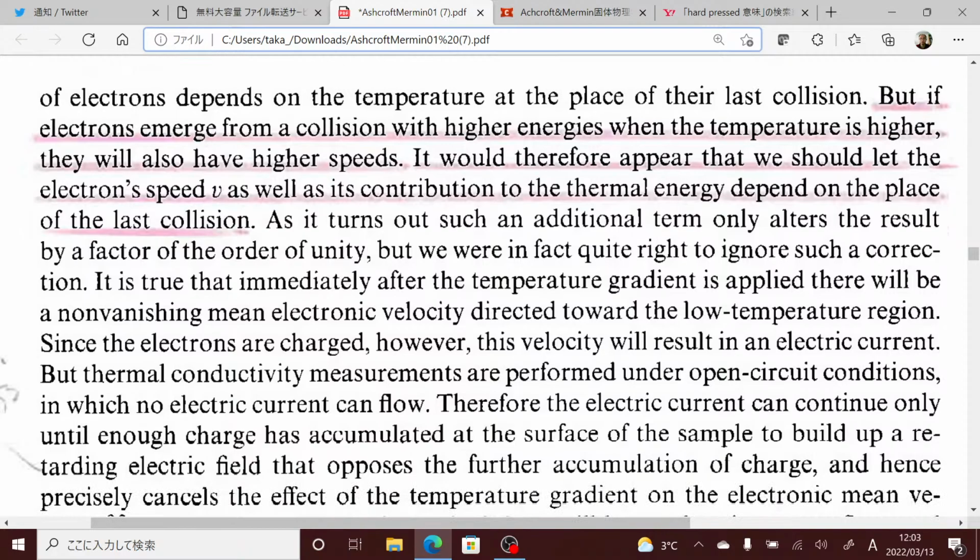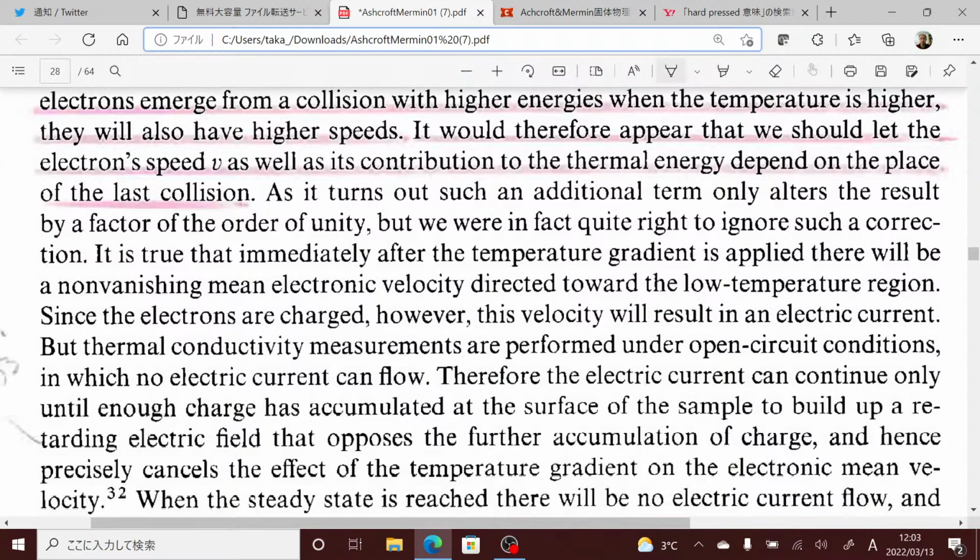It would therefore appear that we should let the electron speed v, as well as its contribution to the thermal energy, depend on the place of the last collision.